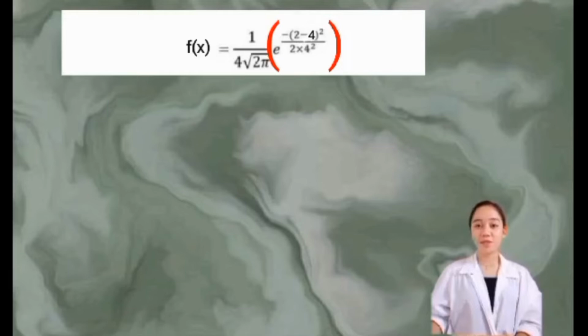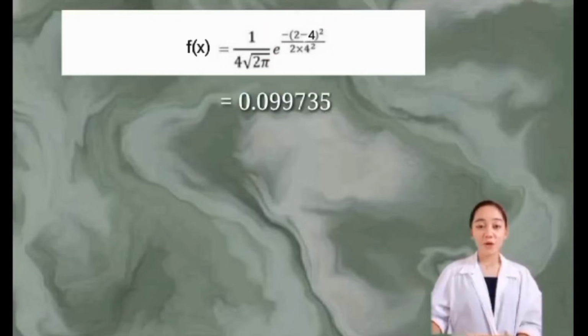And so first, we need to find the value of 1 over 4 times the square root of 2 times pi, which is equal to 0.099735. And the next is to find the value of e raised to the power of negative times the quantity of 2 minus 4 squared over 2 times the quantity of 4 squared.